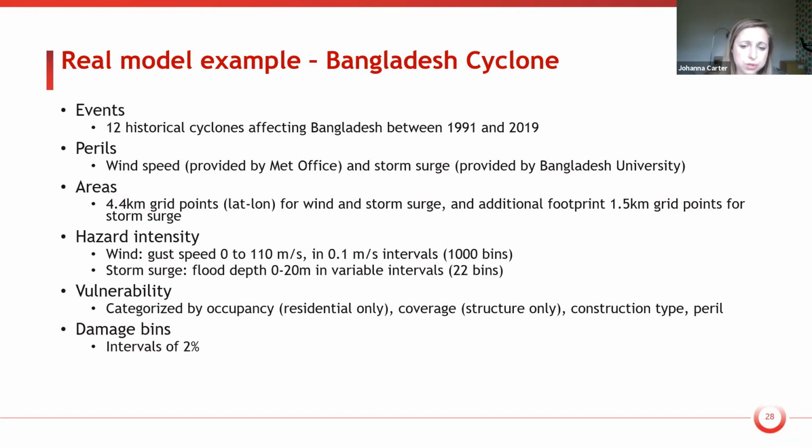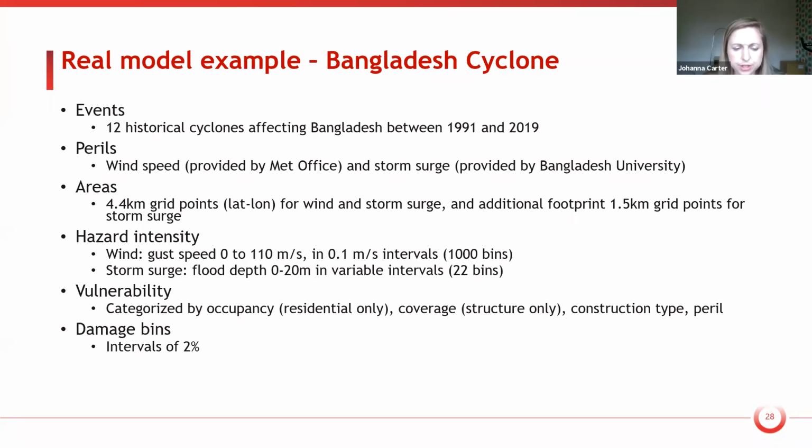It also used construction types prevalent in Bangladesh. And you also get different vulnerability types by peril, so storm surge damage response will be different to wind. The damage bins were broken down into intervals of 2%.